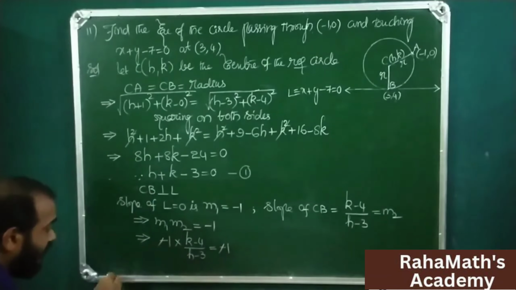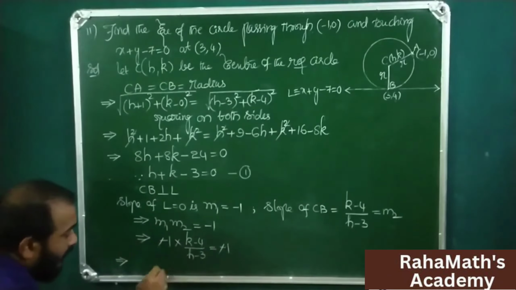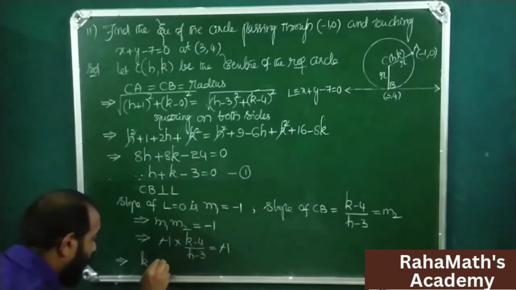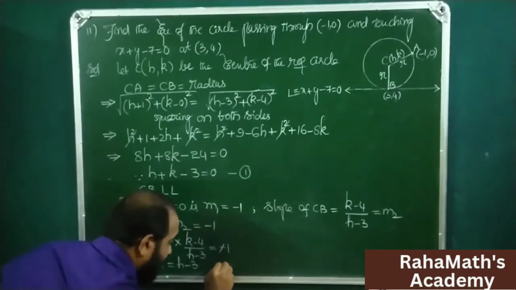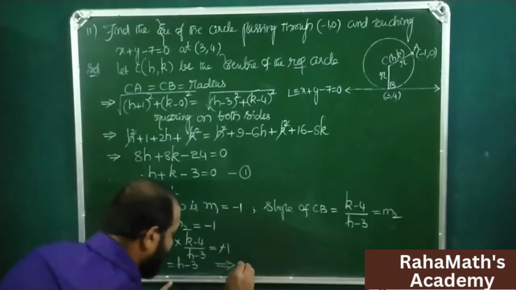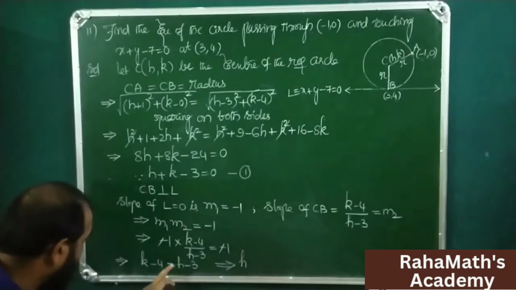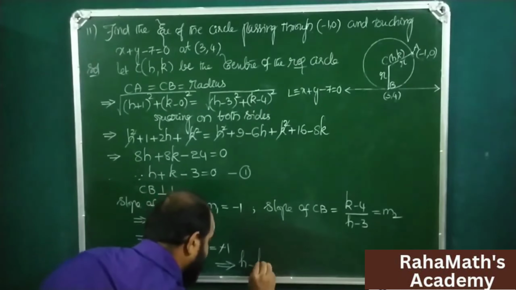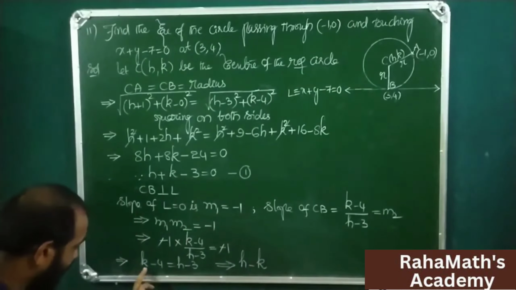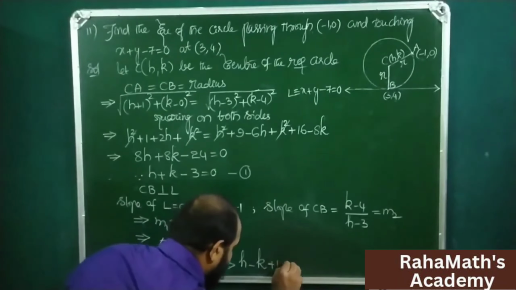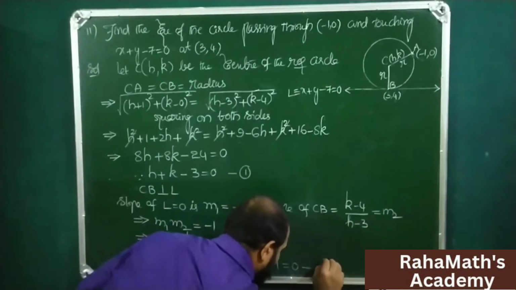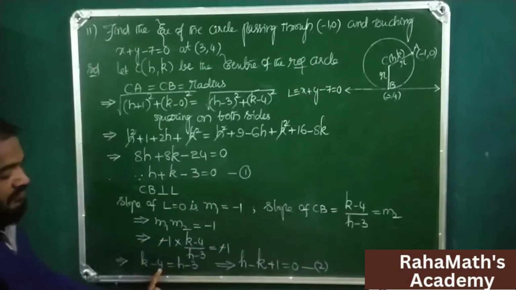If you cancel this, we get k minus 4 equals h minus 3. So that implies h minus k minus 3 plus 4 plus 1 equals 0. This is the second equation.